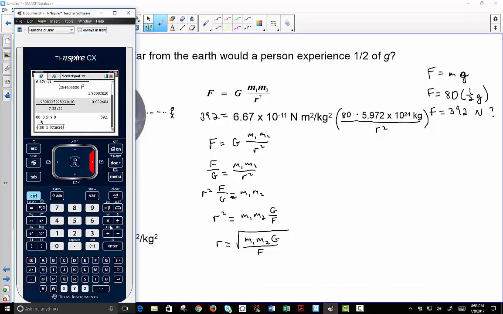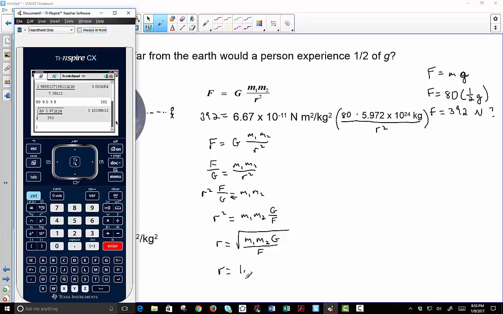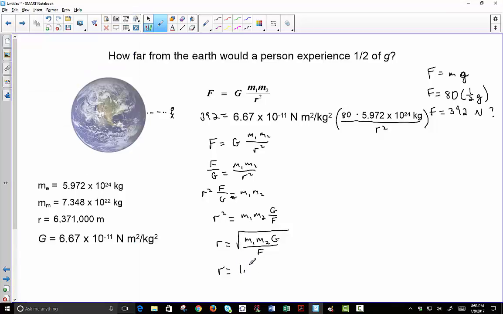And then we divide that all by the force, which was 392. So we get 1.1 times 10 to the 12th.